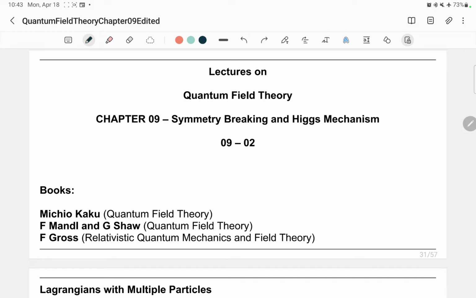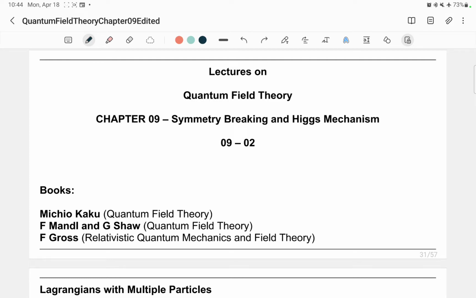Last time we talked about Lagrangians with a single particle. We determined its mass term through comparison to the Klein-Gordon equation, and we also demonstrated how spontaneous symmetry breaking was able to generate the mass of a particle, how it changes the vacuum energy or a vacuum state of a Lagrangian.